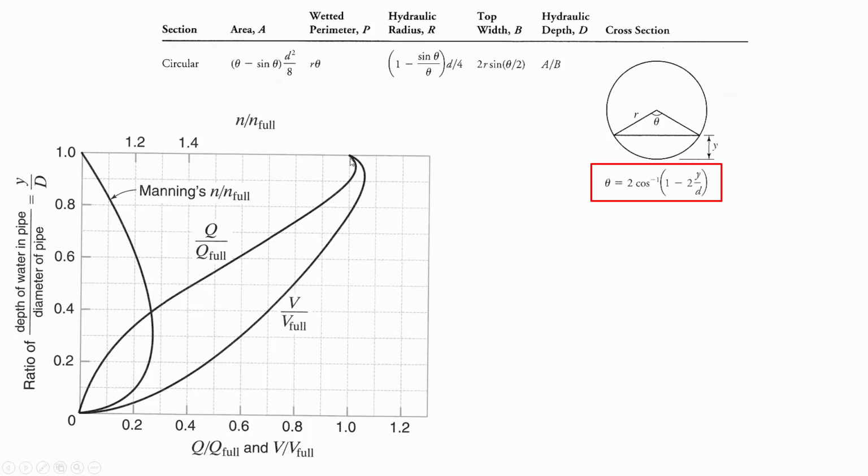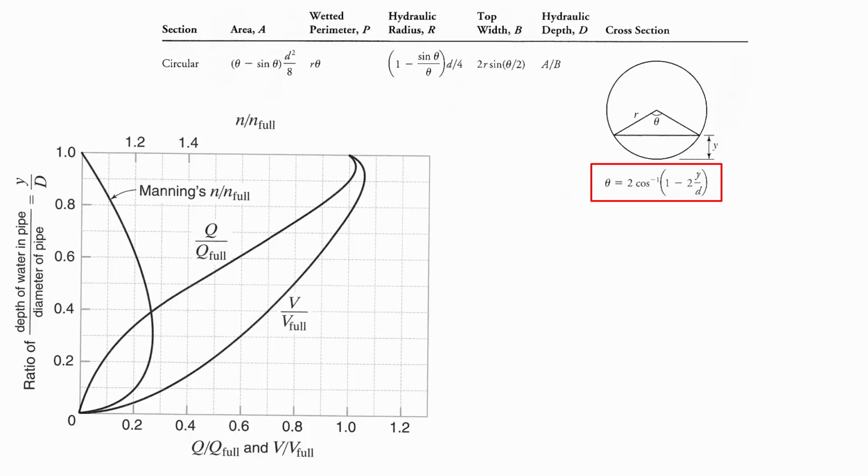So what that says is actually you can get more flow through a pipe if it's almost full than if it's totally full. I wish I had a marker. How about that? All right. So what that says is that you're better off having this much water in the pipe than having it all the way full.